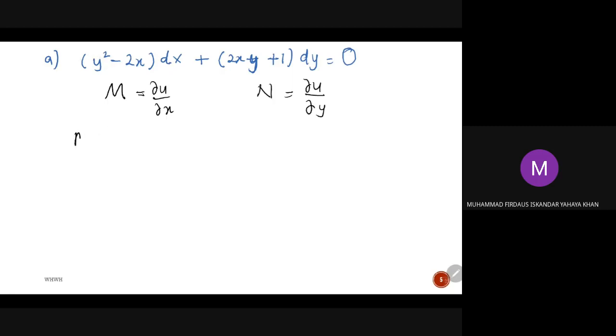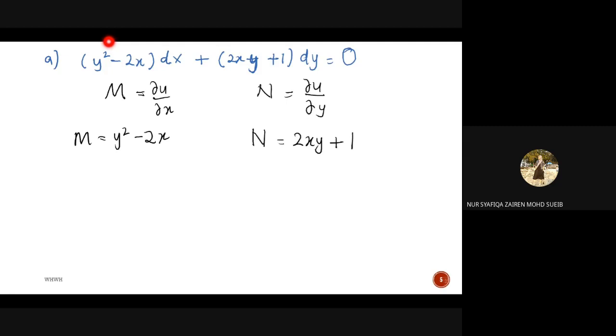Y square minus 2x. And our N here is 2xy plus 1. Agree with me, everyone? Yes.